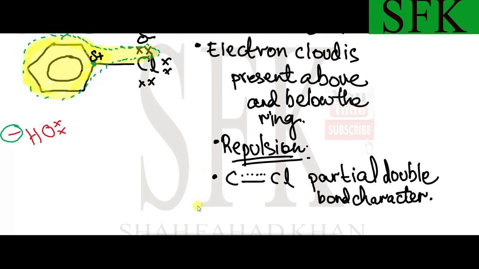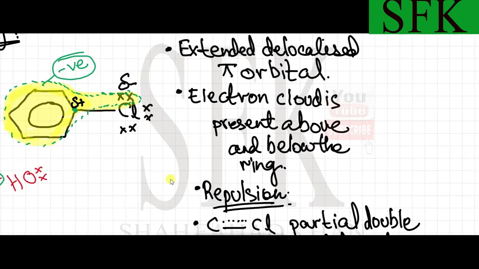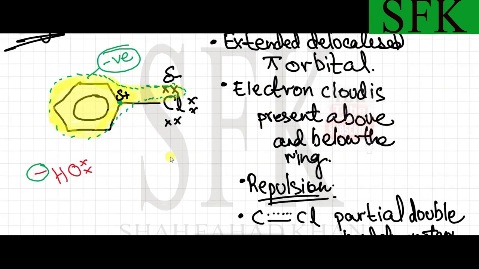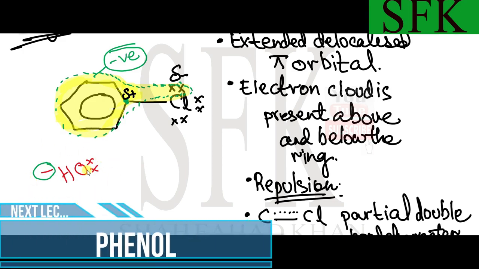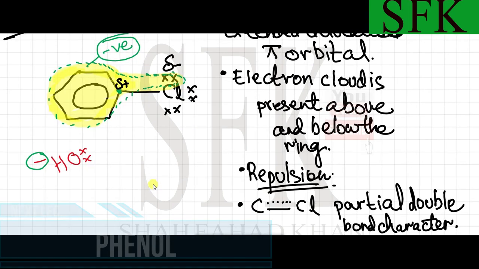So this increases the activation energy. These are the four points that explain why this hydrolysis reaction, this nucleophilic substitution reaction of OH negative with chlorobenzene, is not possible.